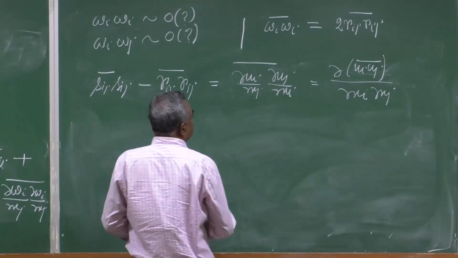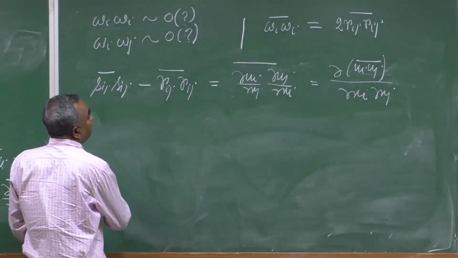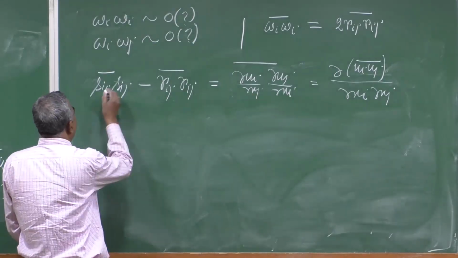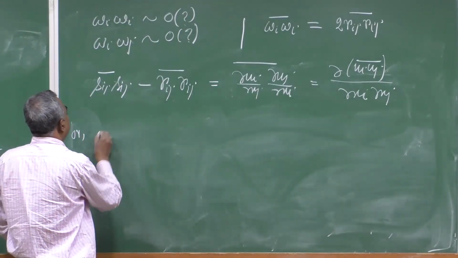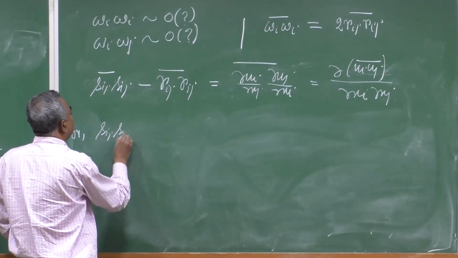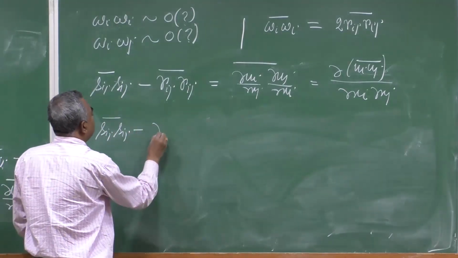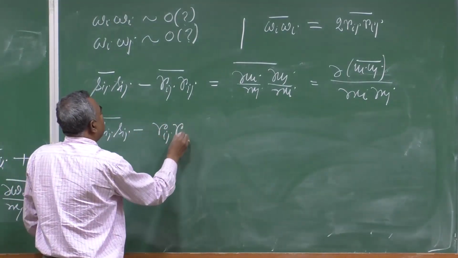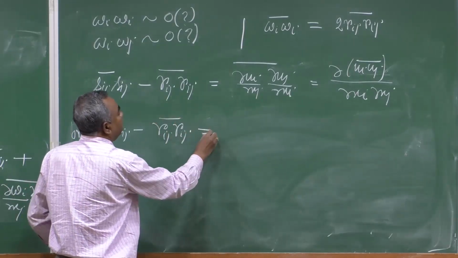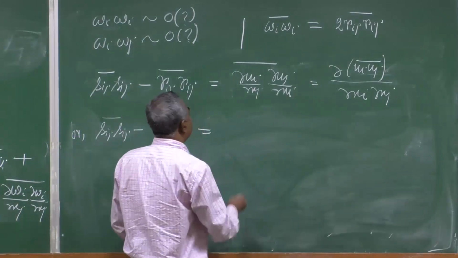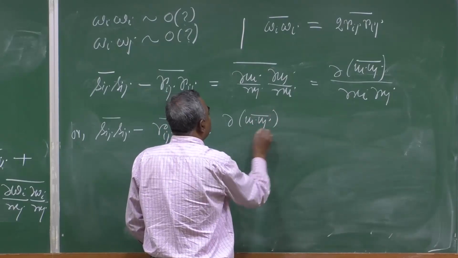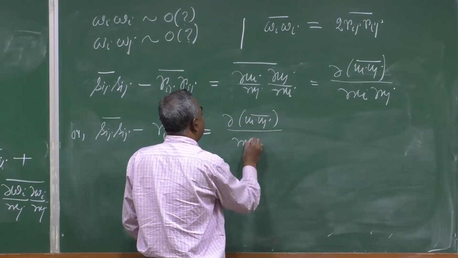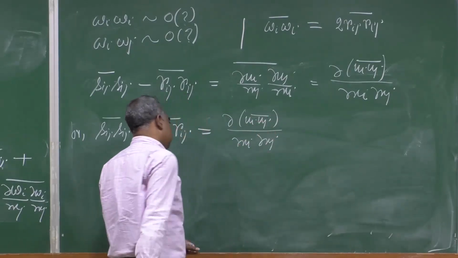So, that means you see the order of this term, or let me write another line. So, S_ij bar minus R_ij bar equals, I can write, ∂²(u_i u_j bar)/∂x_i∂x_j, right.